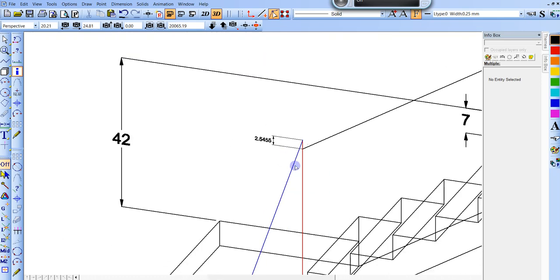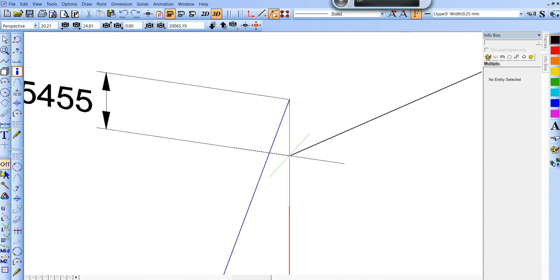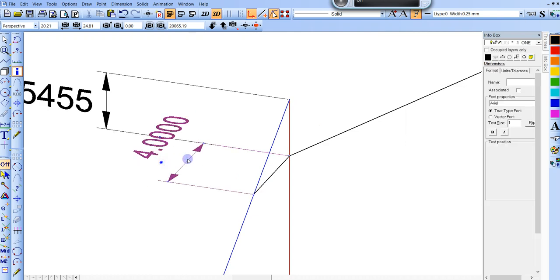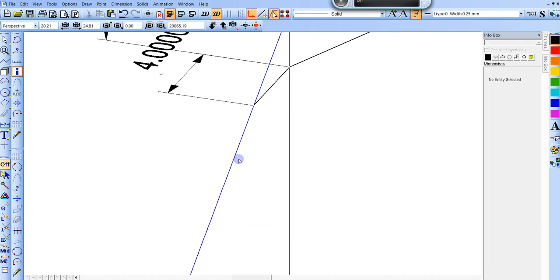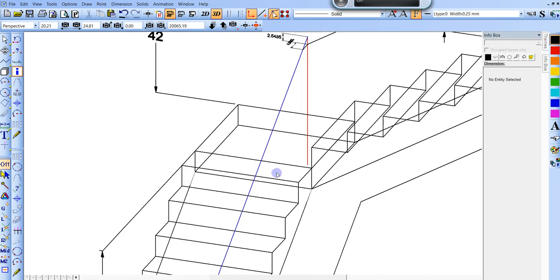So what you have to do is look at this dimension right here. Nice even number, 4. So 4 inches. So everything here on this landing is 4 inches too far away. So you've got to move everything here.